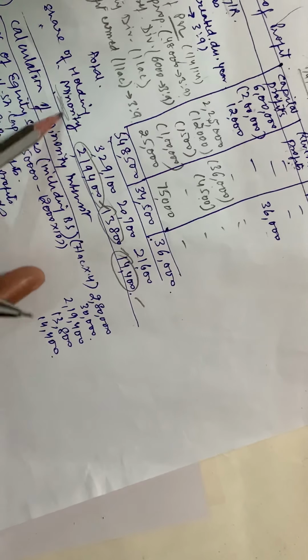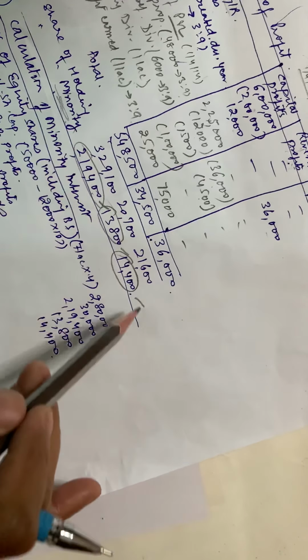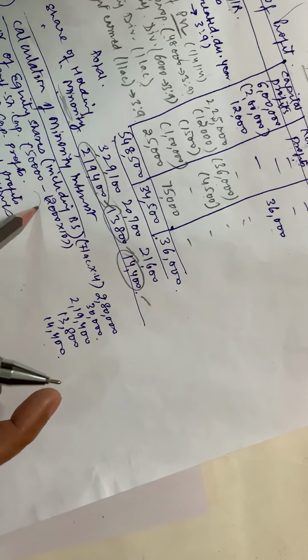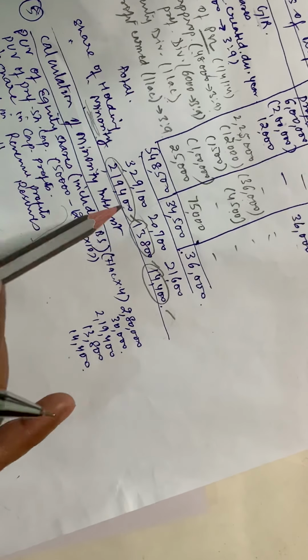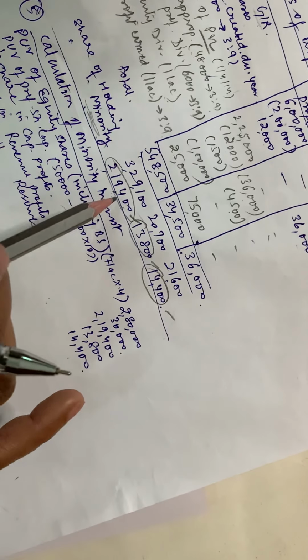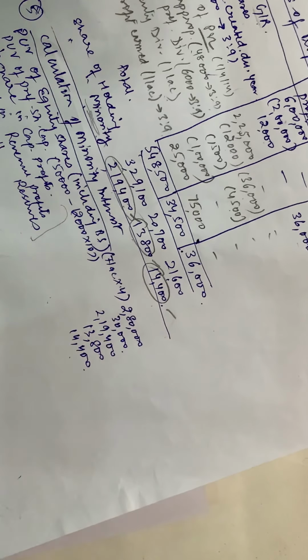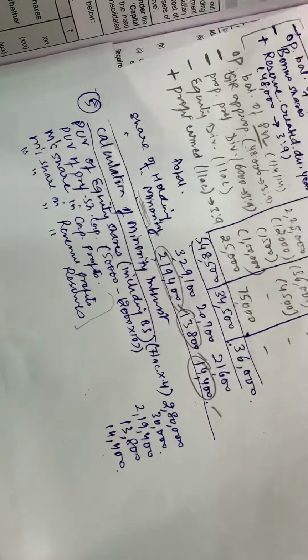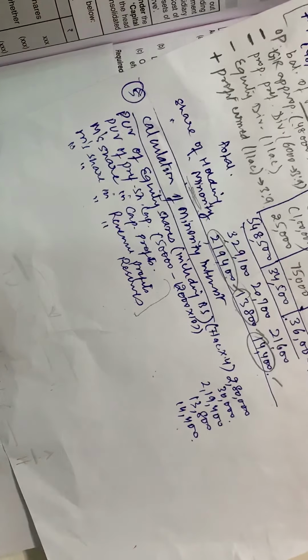All these shares of the minority get added to the minority interest, because the minority has this much percentage of claim over these profits and reserves, which we have to show in the consolidated balance sheet and call that minority interest.